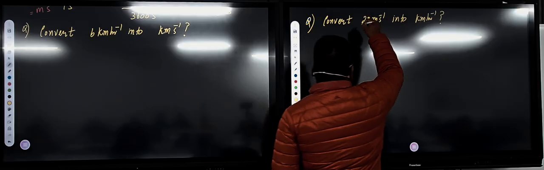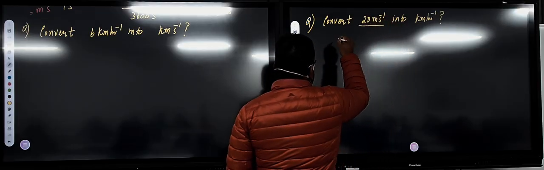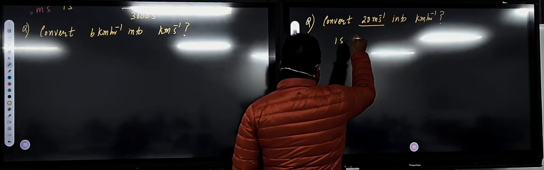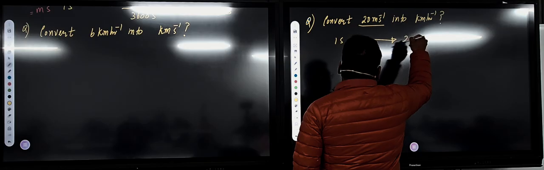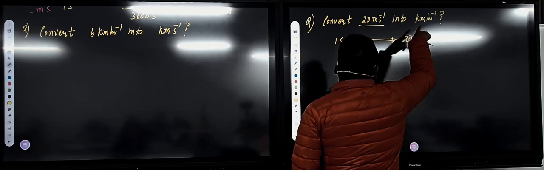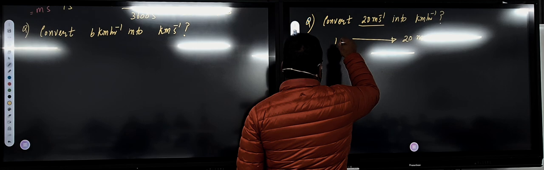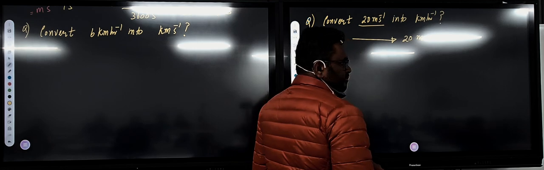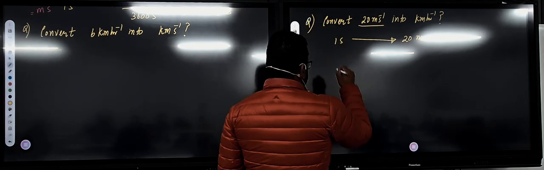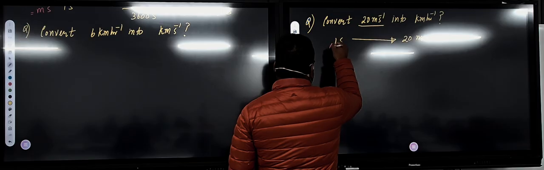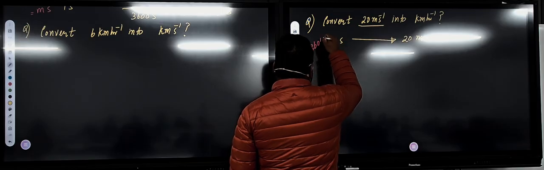Okay, let's do that. First of all, you have to convert this 20 meter per second. So in 1 second, 20 meters, right? And you need to convert this into kilometers per hour. How do you convert this into hours? You multiply this by 3,600.